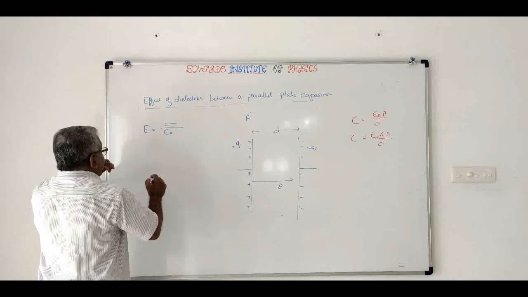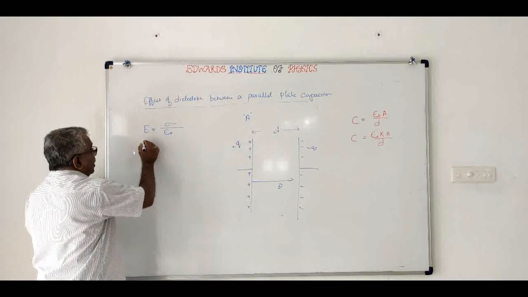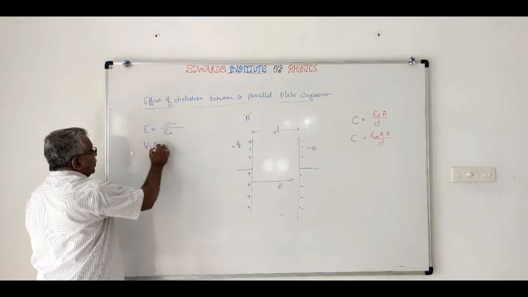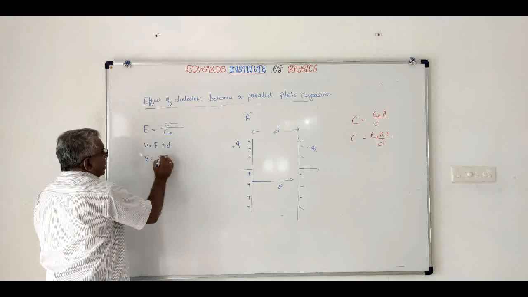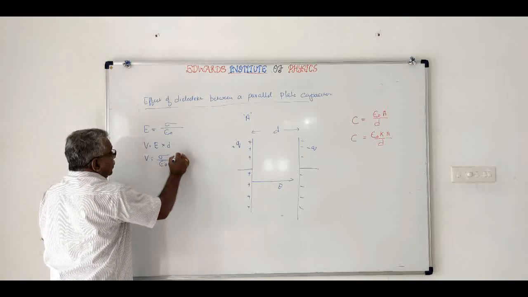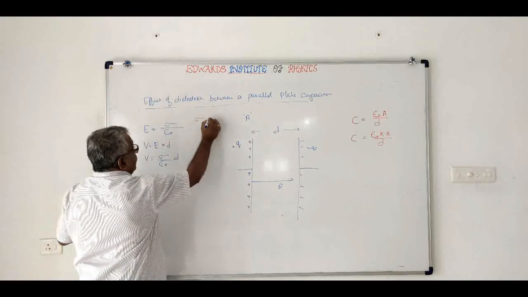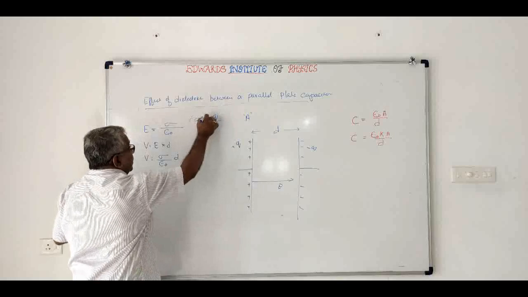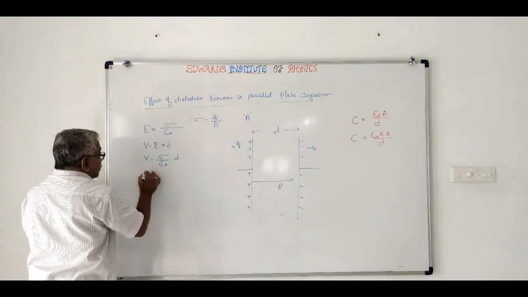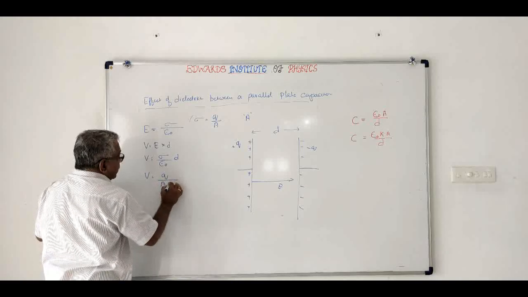From that we get V equal to E into D, which is sigma by epsilon 0 into D. But sigma is equal to Q divided by A, the charge per unit area. So V will be equal to Q D by A epsilon 0.